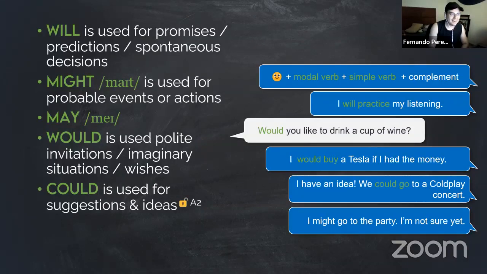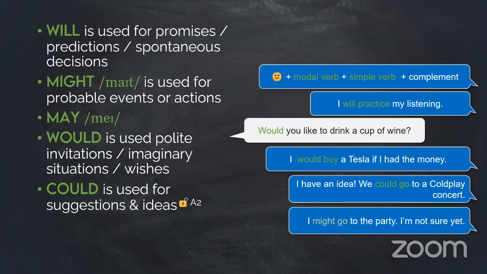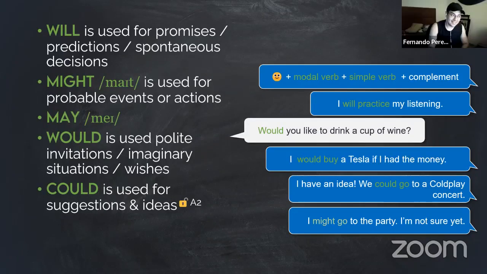Do you understand? Yes. If I am not sure, I cannot promise. So I say, I might. Come on, teacher, come to the party. It's gonna be... I don't know, man, I'm very busy. I might go. If I finish my activities early, I might go. If not, maybe next time.